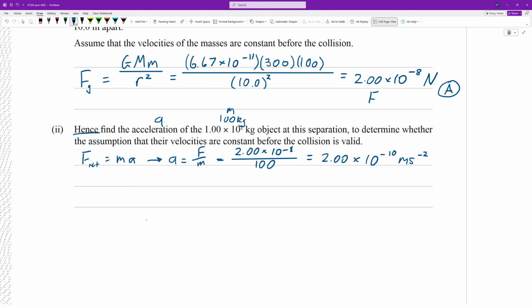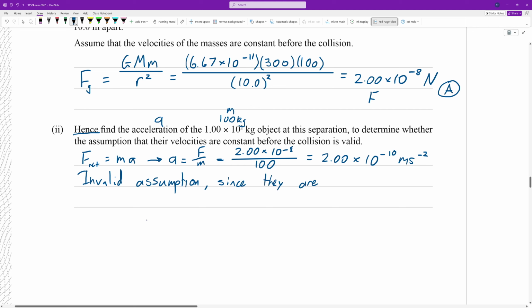So I'm going to write invalid assumption, since they are both accelerating. And full stop.